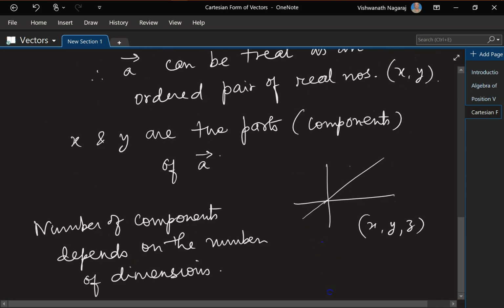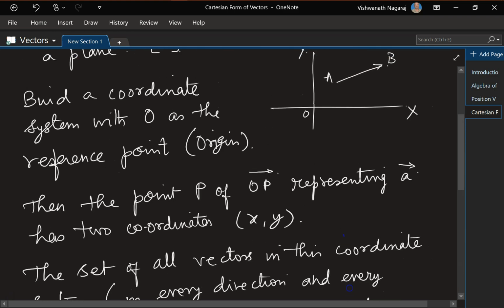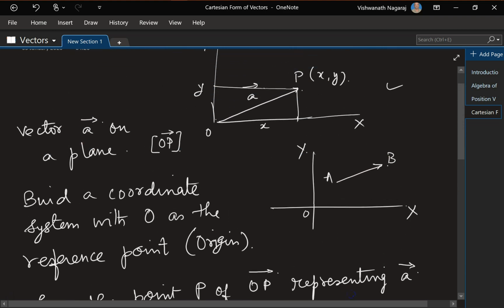Okay, now if we go back to our previous diagram, if we look at this A, then the length or magnitude of this would be what? Simple Pythagoras theorem. Yes.